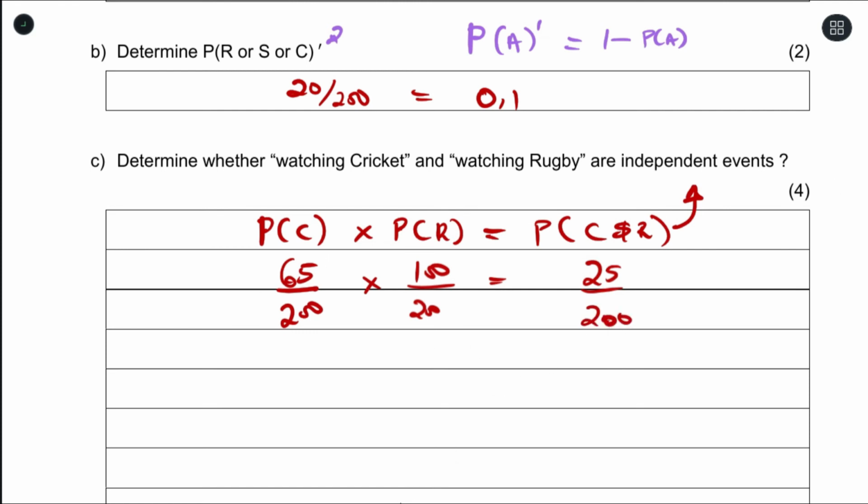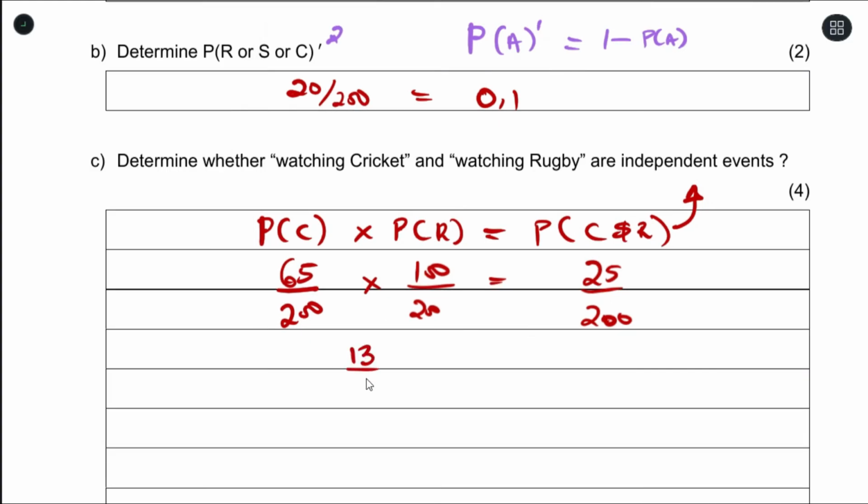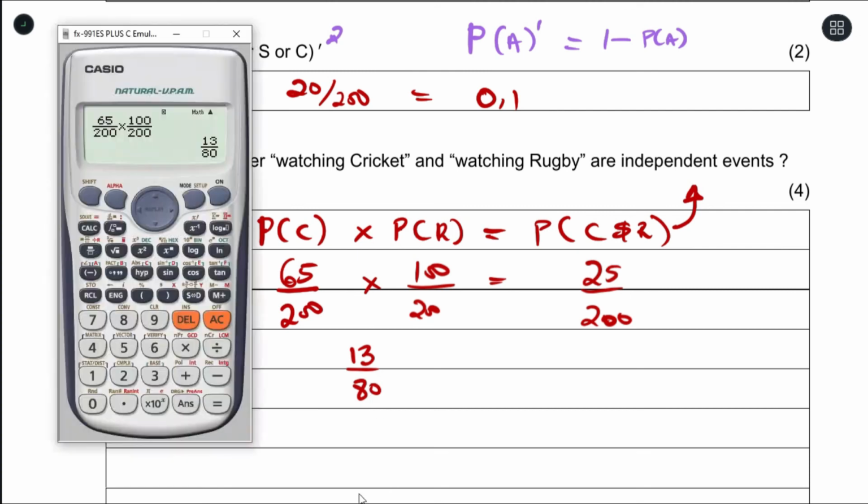Okay, so putting this in our calculator, this is 13 over 80, which is also 0.1625.